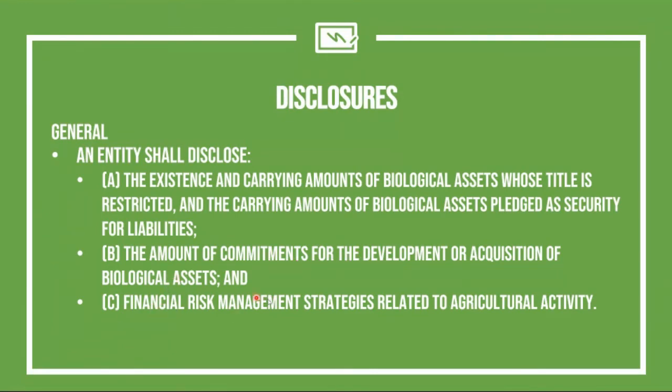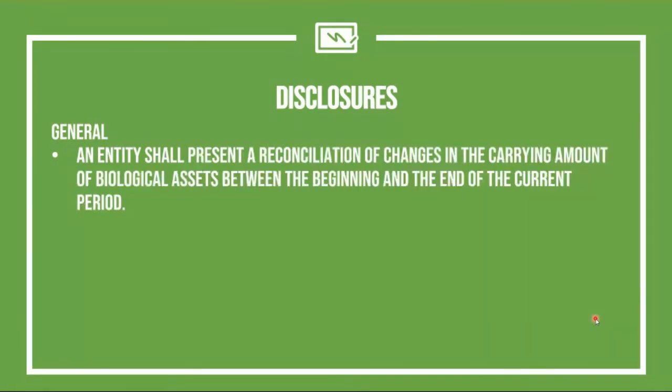Letter C, financial risk management strategies relating to agricultural activity. Meaning, what are the measures that you are taking in order to protect your biological assets and your agricultural produce from certain risks involved, such as the risk that it will be stolen, the risk of spoilage, the risk of losses due to the death of your living plants or living animals, or the destruction of your plantation, etc. So you need to provide that.